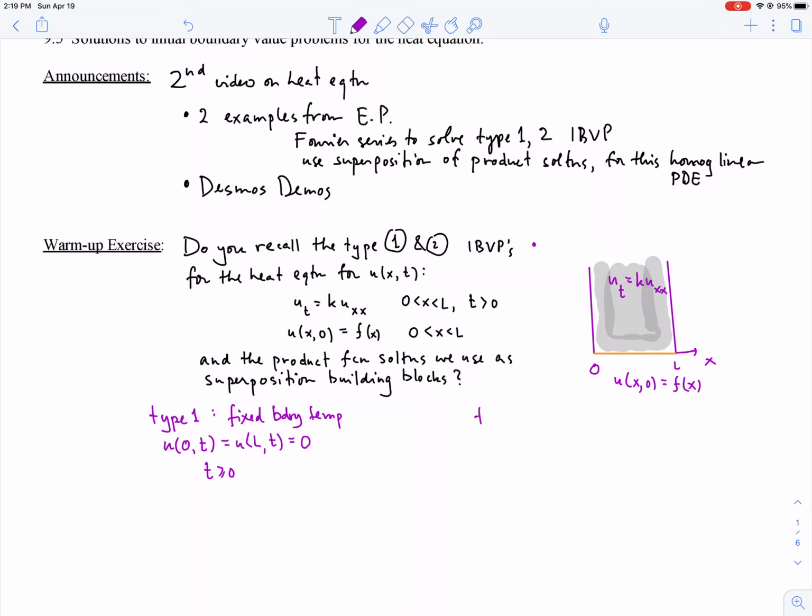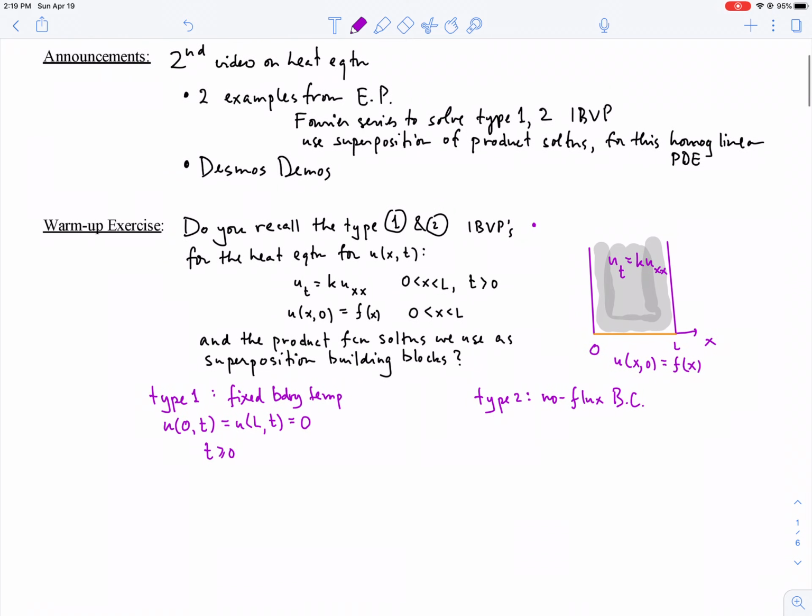And type 2 was the no flux boundary condition. And we're always assuming that if it's a rod, the lateral sides are insulated and heat can only escape out through x equals 0 or x equals L. And we know that the heat flow is proportional to the gradient of the temperature.